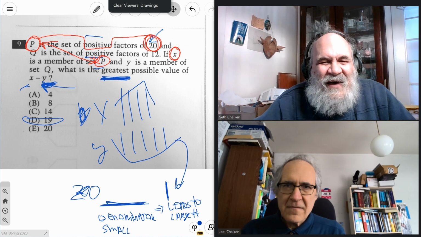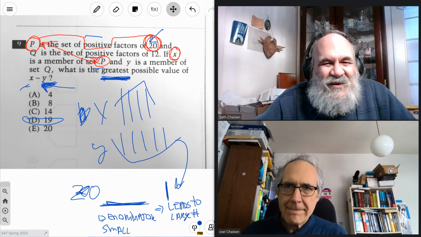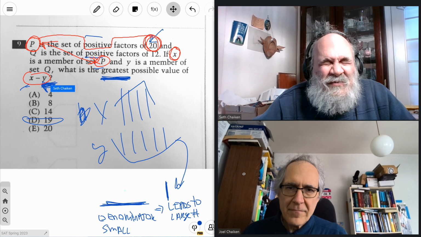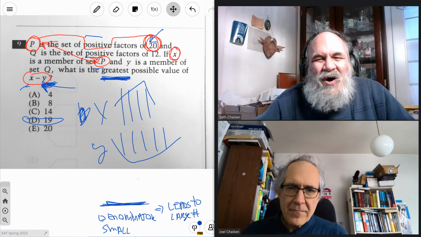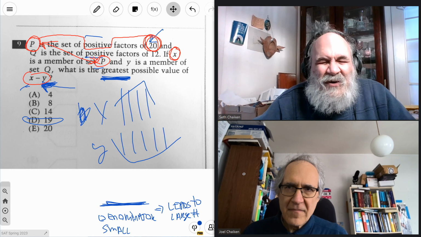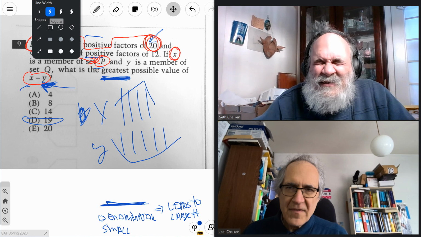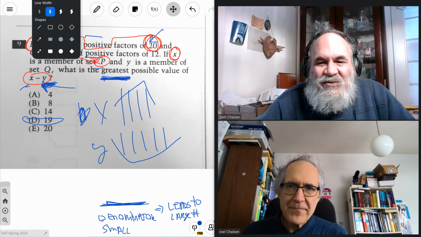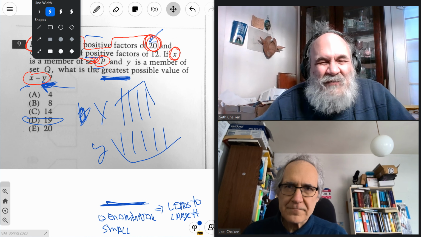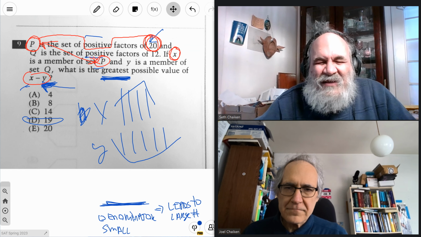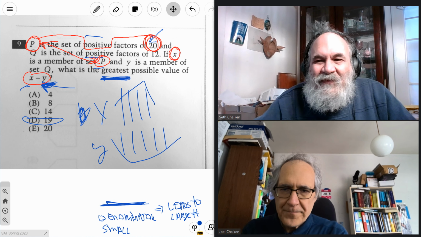And then the question is the difference is X minus Y. It would be different if the question were Y minus X. Yeah, of course. So you have to keep track of 4 symbols and 2 numbers.